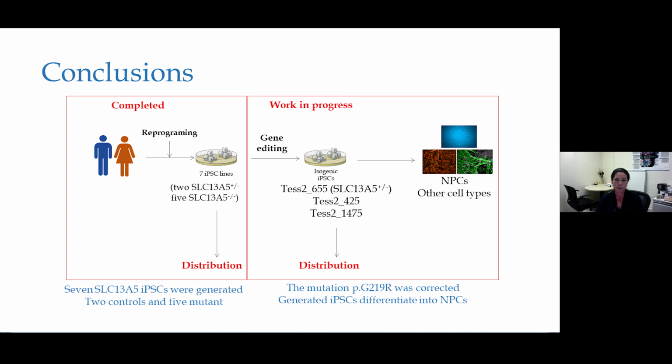We are still working with 2 of the mutations to correct those 2 mutations in TESS 2 and TESS 5. And we are differentiating the cells into neurons, different types, cortical neurons, motor neurons, and astrocytes.